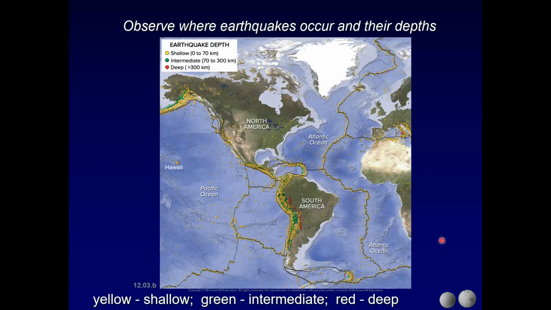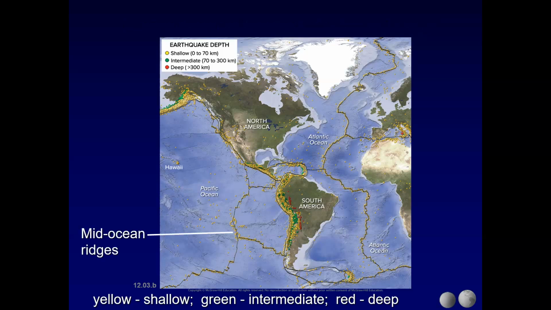All right, now the other side of the Earth. What do we see? A lot of yellow, which is shallow, right? Again, shallow at mid-ocean ridges. A range going from shallow to very deep at subduction zones.